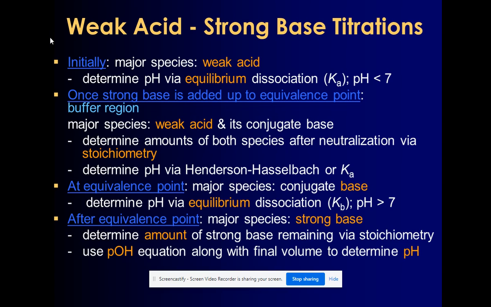So we would have to use our equilibrium expression for that conjugate base, along with its Kb value to determine its pH. You'll notice, I didn't mention this initially, your pH is going to be acidic. It's not going to be as acidic as the strong acid, but it will be acidic. By the time you get to the equivalence point, which will be more gradual than we saw with the strong acid, strong base titration, your pH will now be in the basic range.